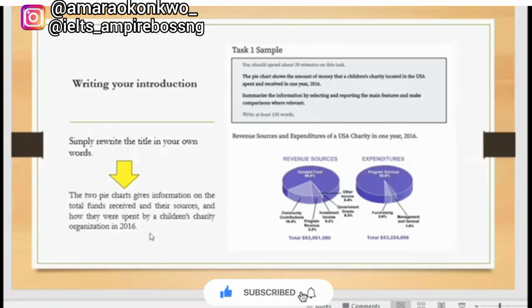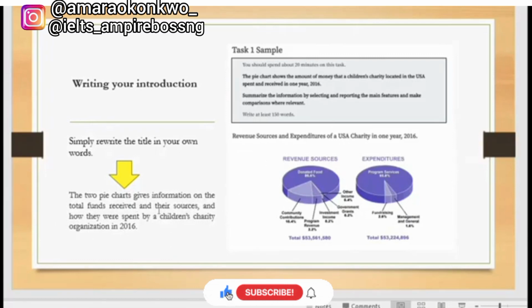Then take note of the fact that I mentioned the year. And then I think there's one thing missing here right now. In this introduction, can you tell me what do you think is missing? A particular piece of information is missing here. If you look at it closely, compare it with what we have in the title, you see that I omitted USA here.